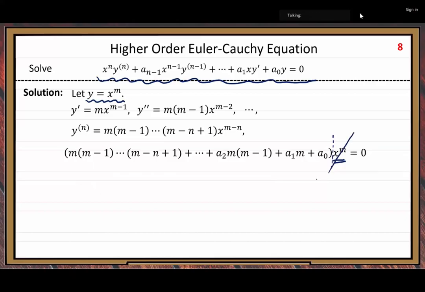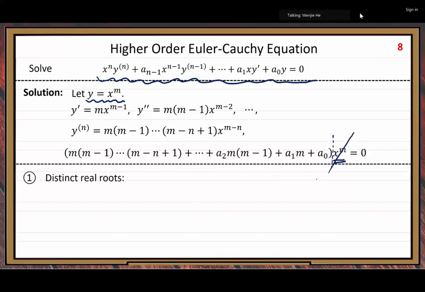All right. So this is the highest degree. Highest degree, because there are m.